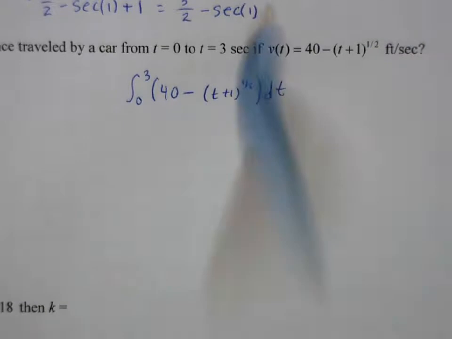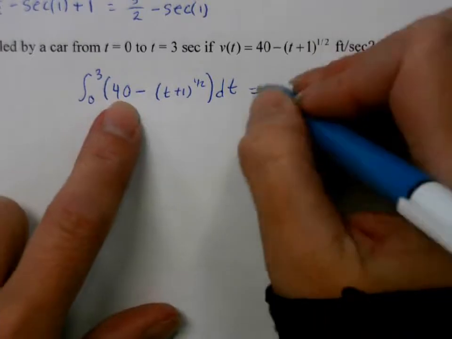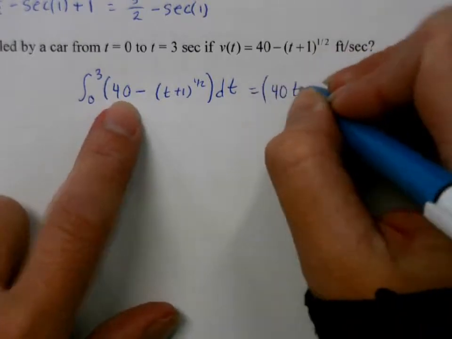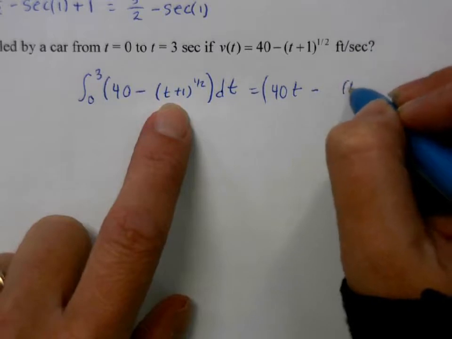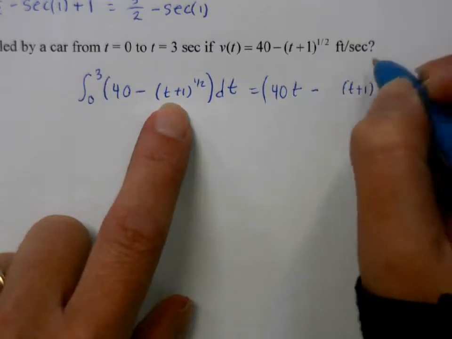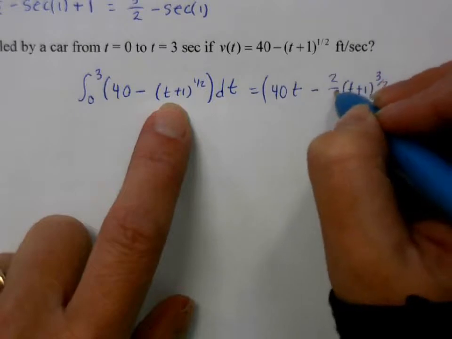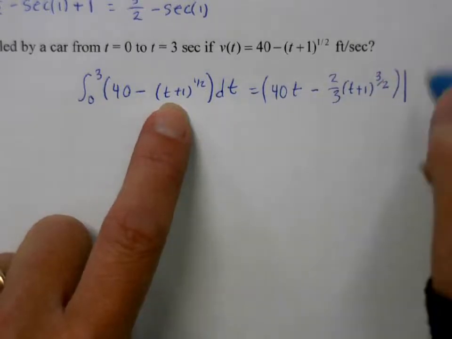Okay, so we're going to find this antiderivative. So this will be 40t. This one, I'm going to add 1 to the power and then divide by that. Okay, we're going to evaluate this all from 0 to 3.